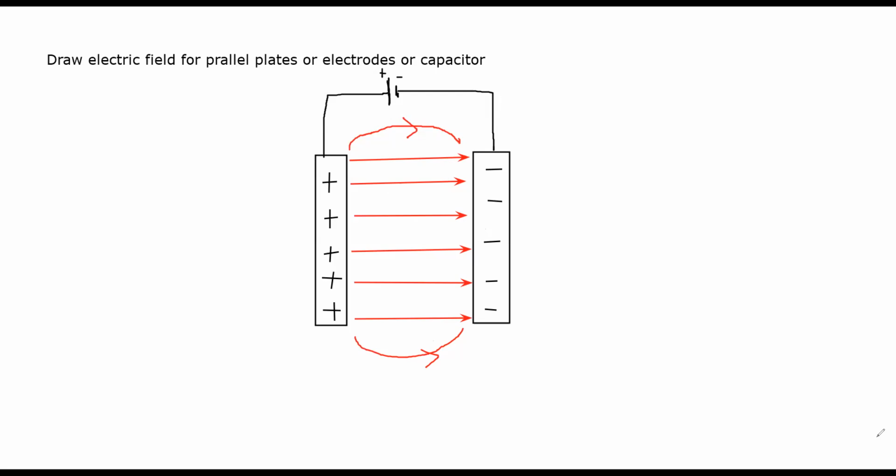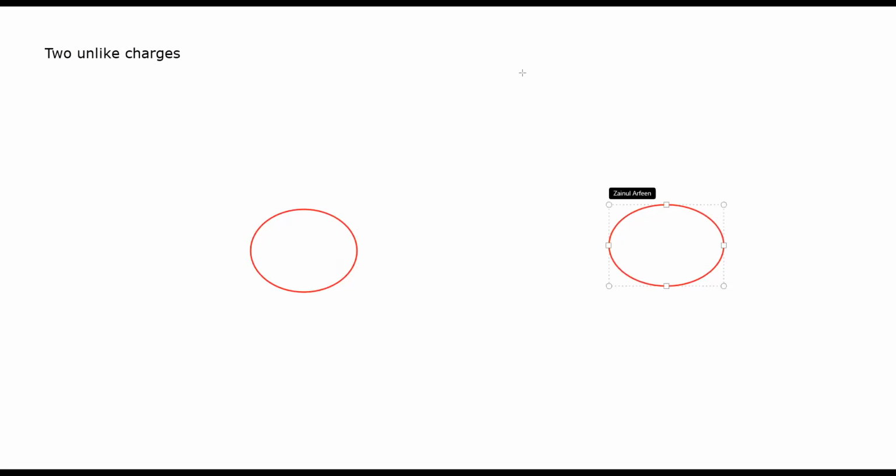If you have two unlike charges, two opposite charges, for example, one is positive, another one is negative. So the electric field is from positive to negative.